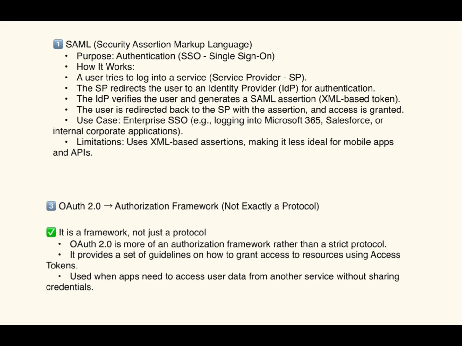If an authenticated user only needs to use the application and no external API or data sharing is required, OAuth is not needed. That is a very important point we need to understand. OAuth will come into the picture when we need external resources.